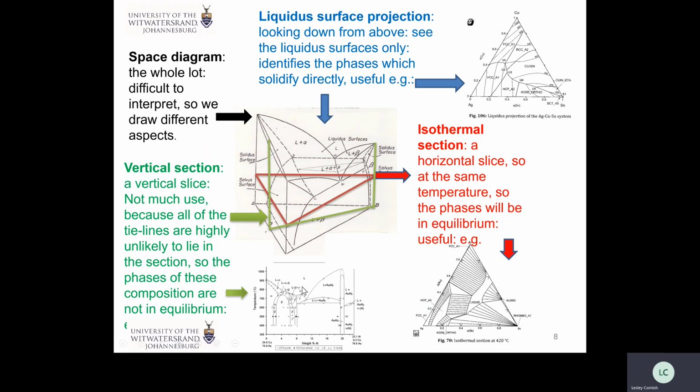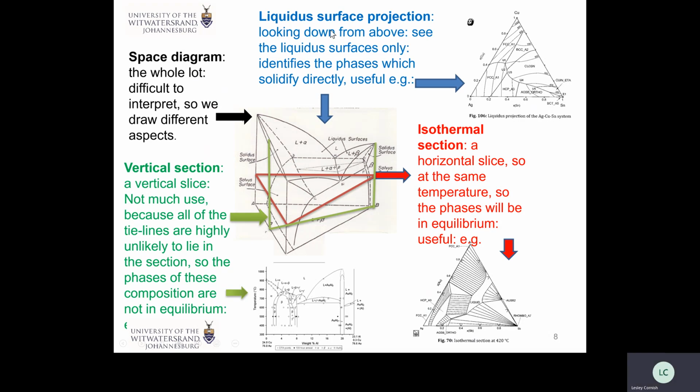But as you'll see in the talk on isothermal sections, the tie lines after the Liquidus surface, anything under there is a bit of an approximation of what is actually going to happen, because the tie lines are unlikely to lie in that vertical plane, not all of them. Okay, we're not interested in that.